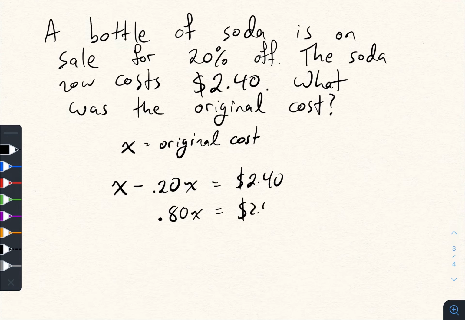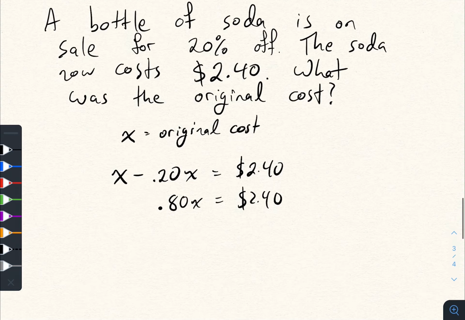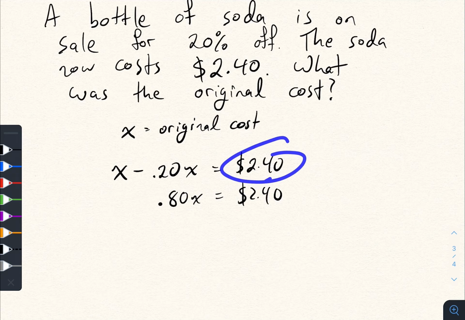That's equal to 2.40. Now over here, it's good to think of this as a fraction whenever possible. So 80%, so 0.80, that's the same as 80%, and that should make sense too, because if this is going on sale for 20% off, then that means our new cost, $2.40, is 80% of the original.